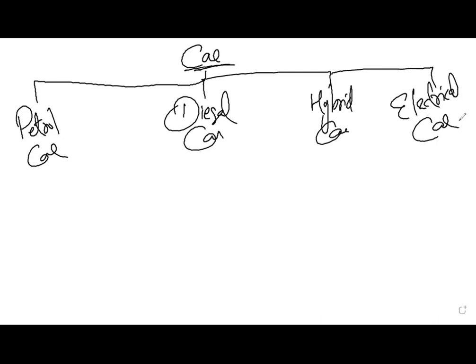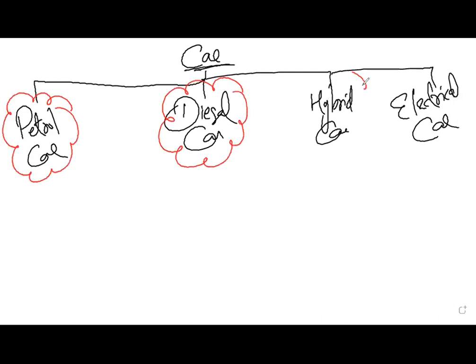All of them have their own rules. So whenever we start a question, we must check which type of car is under consideration. Is it a petrol car? Is it a diesel car? Is it hybrid? Hybrid means a car which is electric but also consumes fuel.